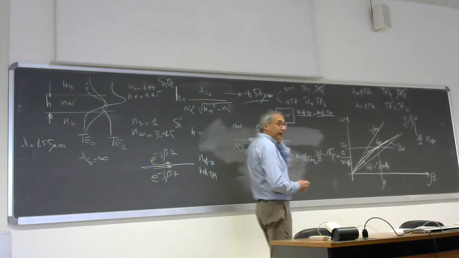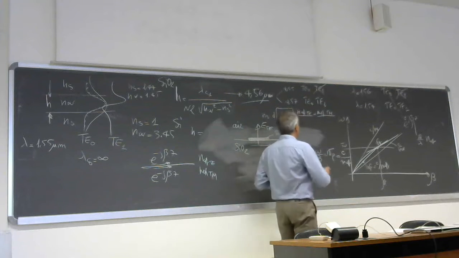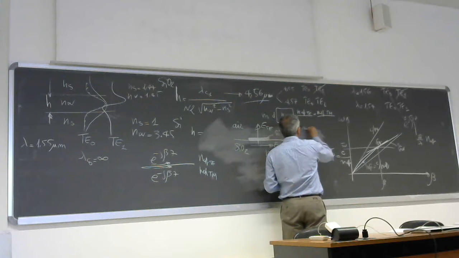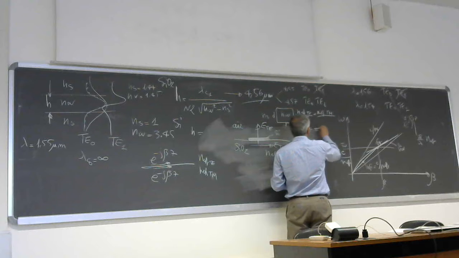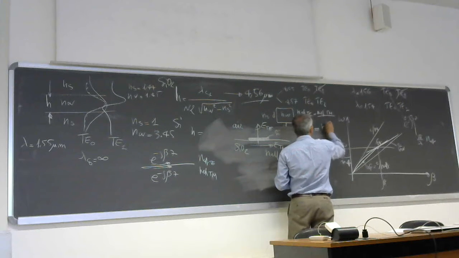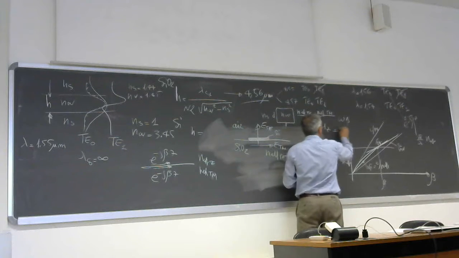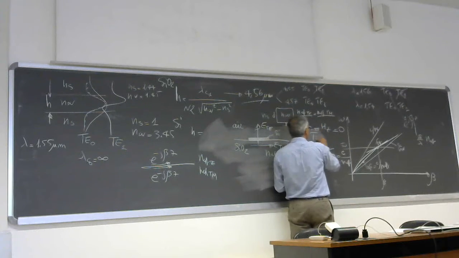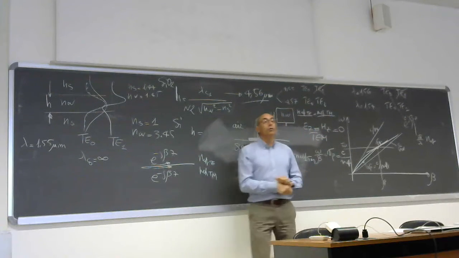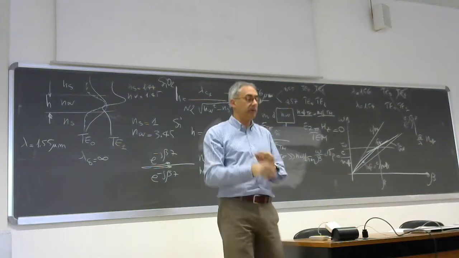It's just electromagnetic field. For the electromagnetic field, there does not exist a solution for which both the E and H fields, electric and magnetic field, in the direction of propagation are equal to 0. This is the condition to have a TEM mode. Good point, thank you.